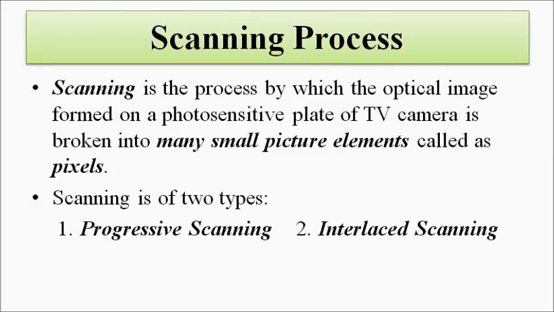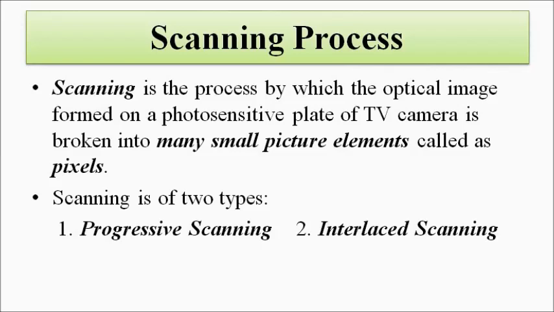whatever frame or image is formed, it cannot be transmitted as a whole, in its entirety. We have to break it down into small elements, each element representing a certain amount of brightness level, contrast level, color, the wavelength.